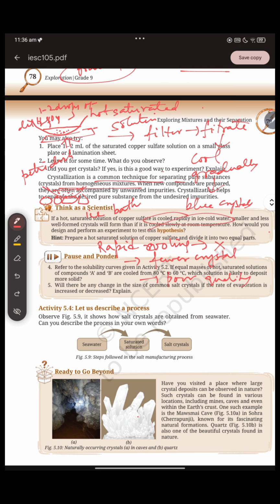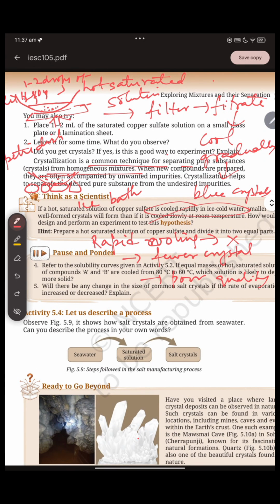Now, refer to the solubility curves given in activity 5.2. We will go there. If equal masses of hot saturated solution of compound A and B are cooled at 2 different temperatures, which solution is likely to deposit more solid? Higher temperature one or a lower temperature one?